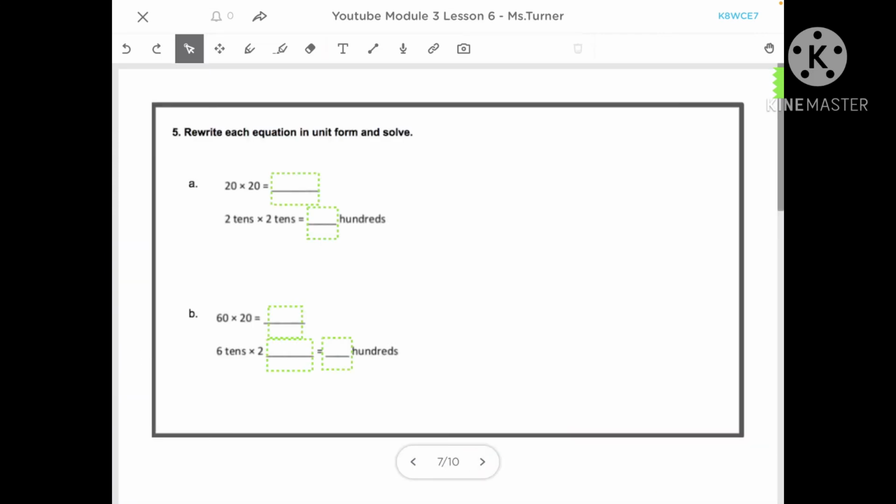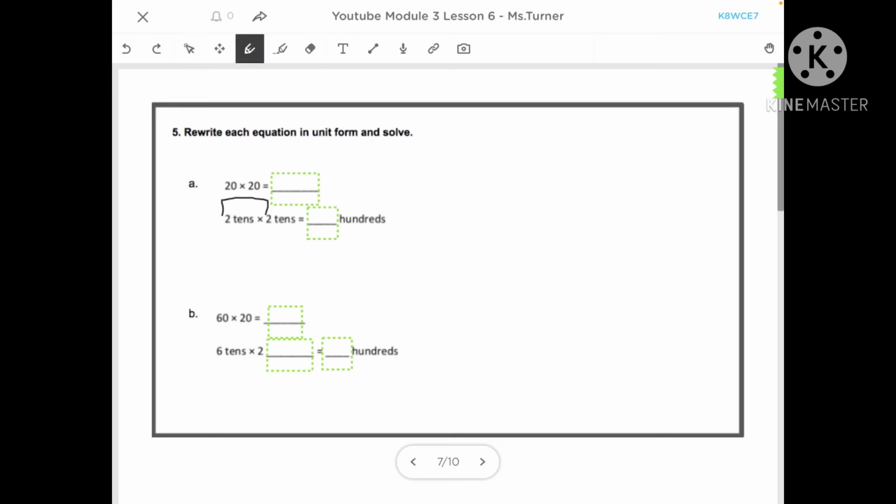All right, team. So now that we've multiplied by using place value discs and an area model, now we're going to rewrite numbers in unit form. And then we're also going to solve them. All right, so if I'm looking at A, I have 20 times 20, which is the same thing as saying 2 tens times 2 tens. So let's start with our bottom fill in the blank first. 2 tens times 2 tens.